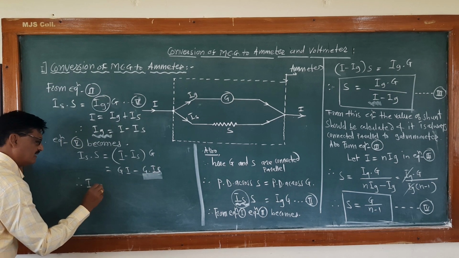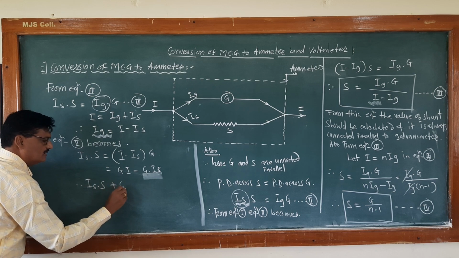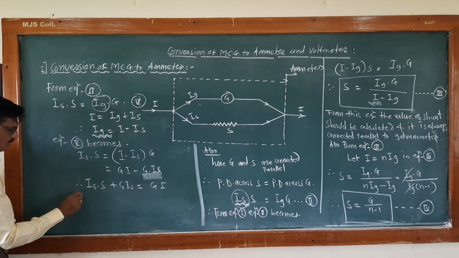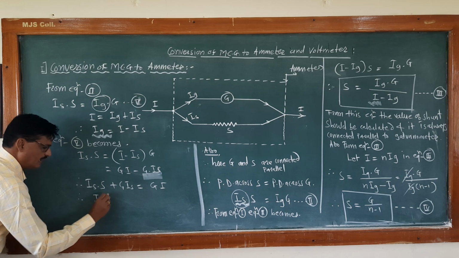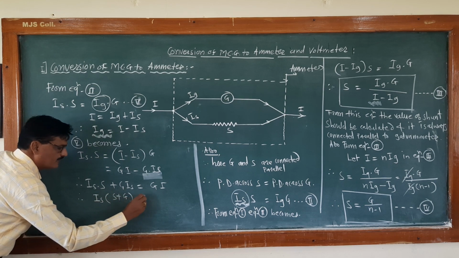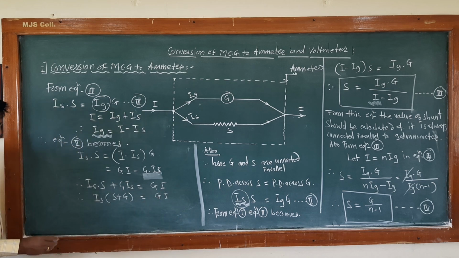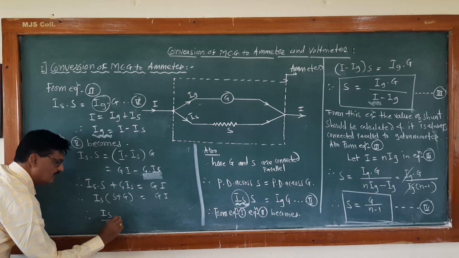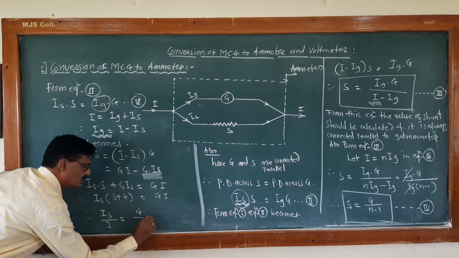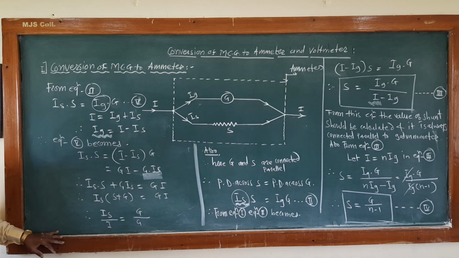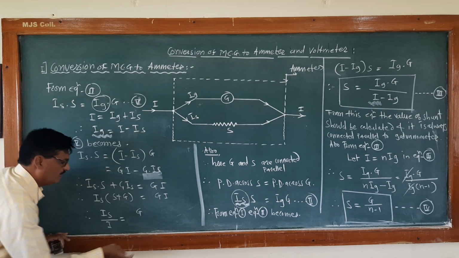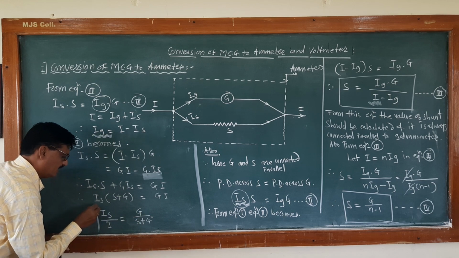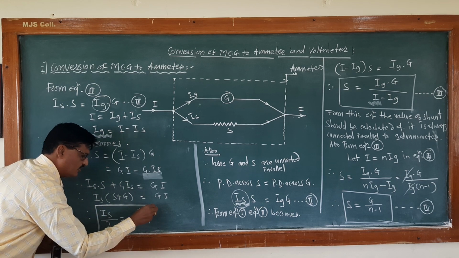Therefore Is S plus G Is is equal to G I. If you take the common term Is outside the bracket, (S plus G) Is is equal to G I, and if you rearrange these terms, Is upon I is equal to G upon S plus G. From this equation, the total fraction of current can be calculated.